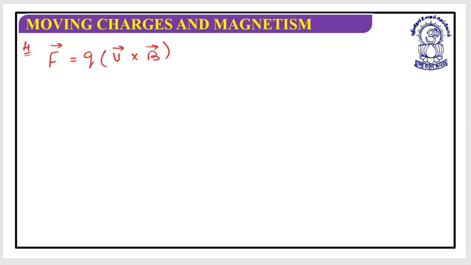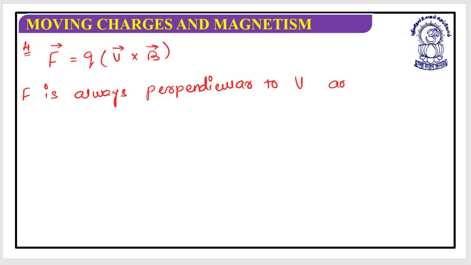Let's summarize something more. The magnetic force was Q into V cross B. That means F is always perpendicular to vector V and vector B. So the angle between F and V is always 90 degrees, and the angle between F and B is again 90 degrees.